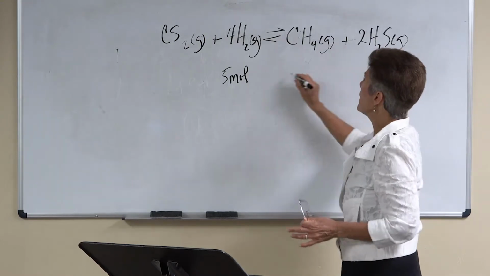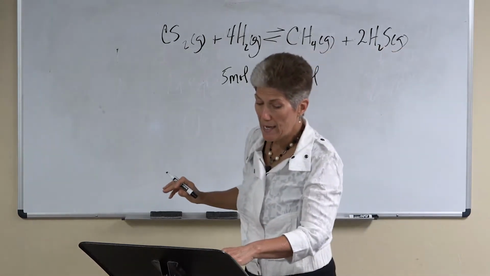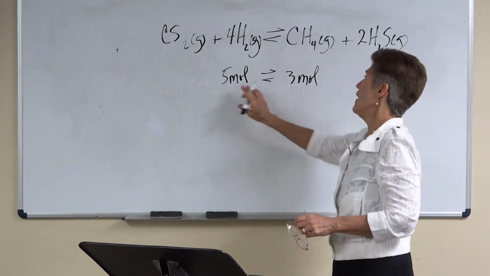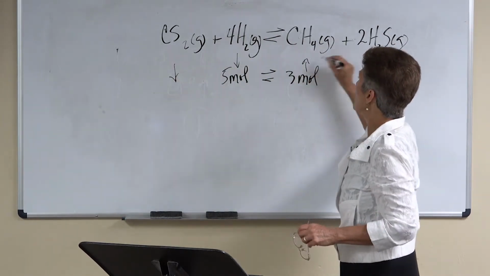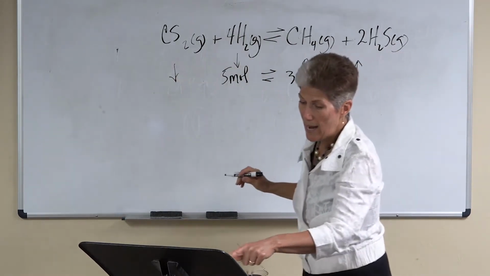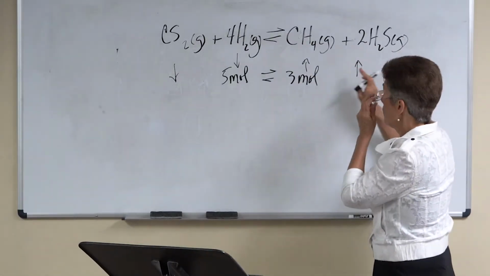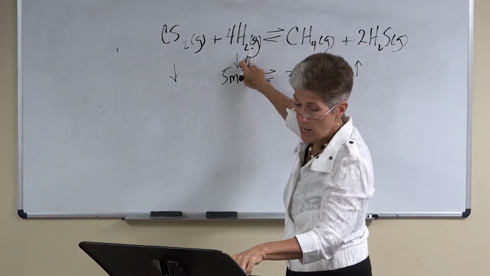Here we have 3 moles of gas. So if we increase the pressure, it's going to move away from this side. These two are going to go down, and these two are going to go up. And it asked about what will happen to the concentration of H2. It'll go down. So the answer is it'll decrease.